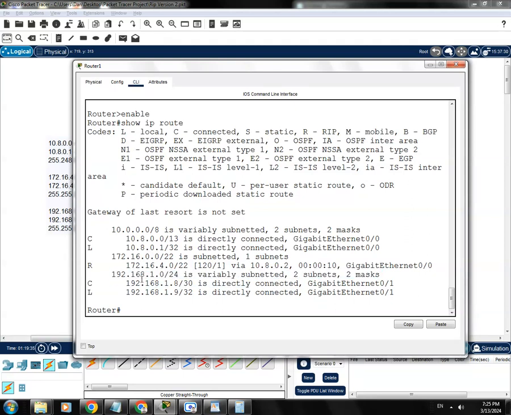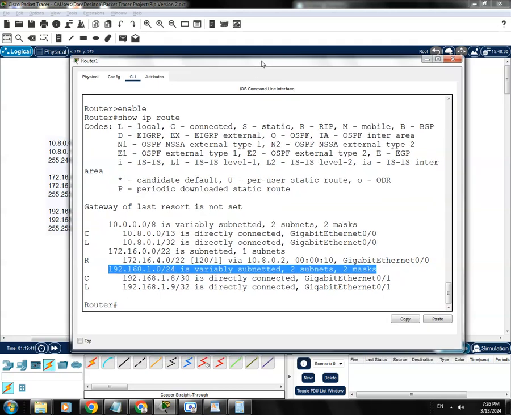On the next line, this is the parent route. Again, the parent route is not an ultimate route. It doesn't resolve on any interfaces or any next hop, or next router. It just tells us about the network that is subnetted.